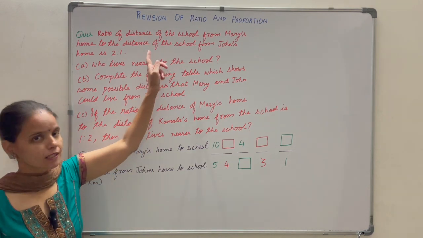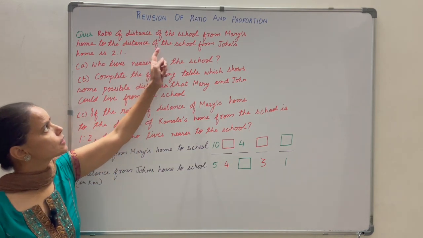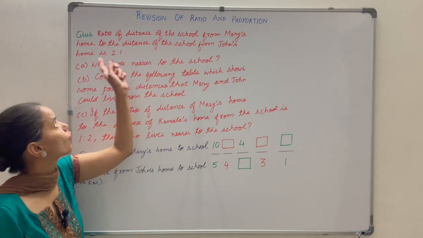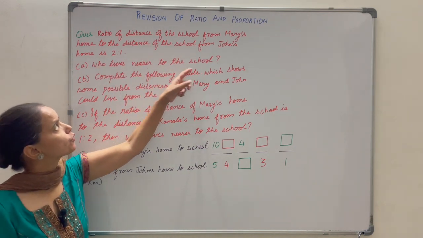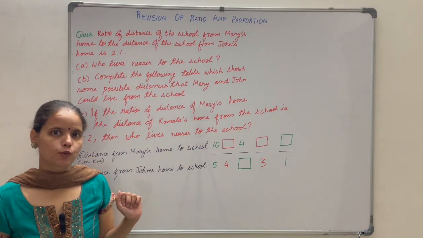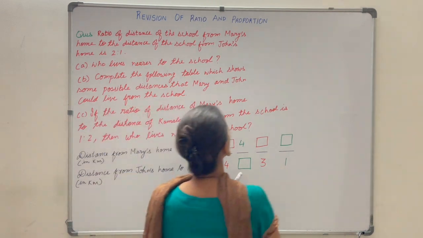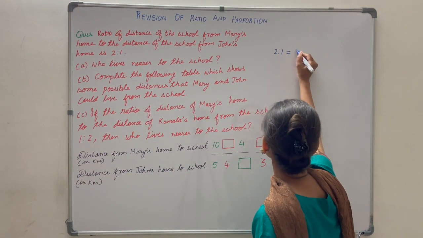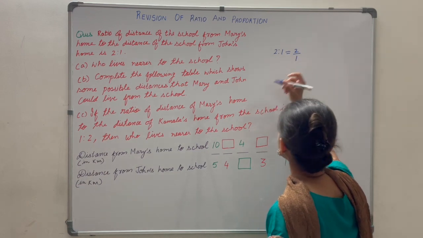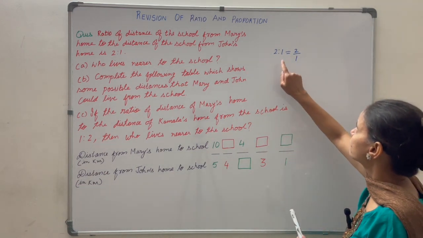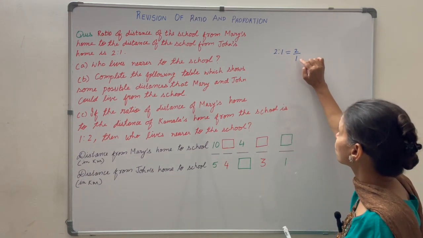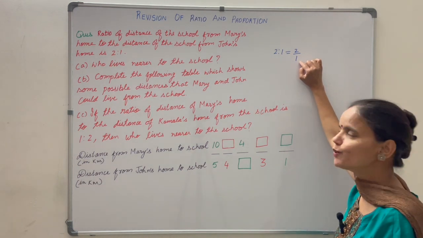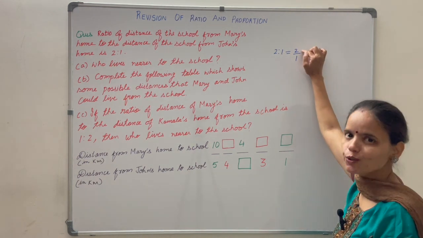Here in this question it is given that the ratio of the distance of the school from Mary's home to the distance of the school from John's home is 2:1. What does it mean? You can write it as 2 by 1. This means that when John's home is 1 kilometer away from school, Mary's home is 2 kilometers away.